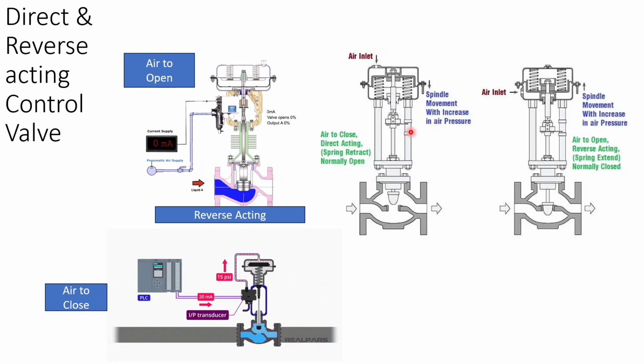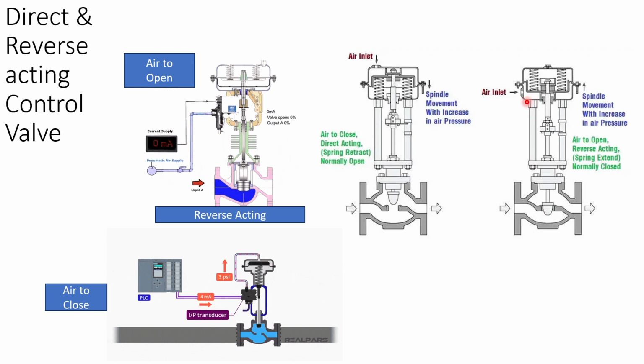So this is your air to close or direct acting valve. When air comes from here, from the top, air will press the spring and the valve will close. In the present situation, you see the valve is open by the spring.